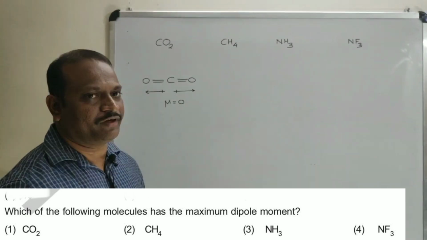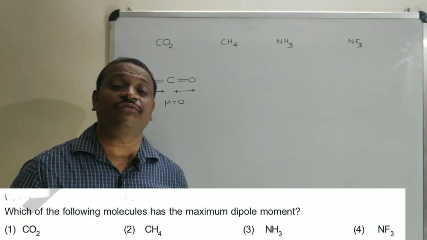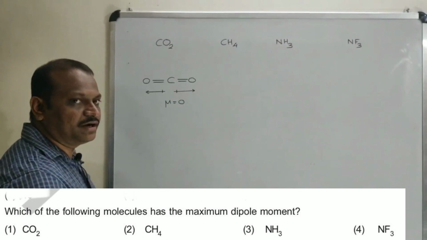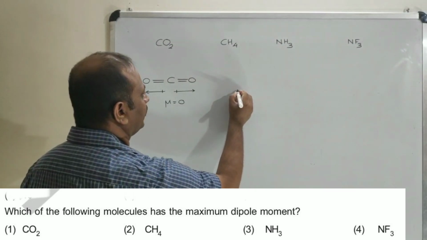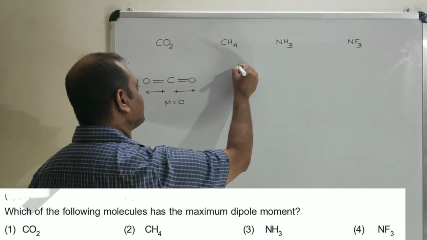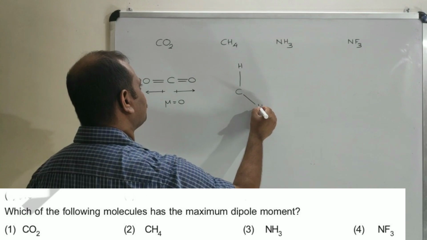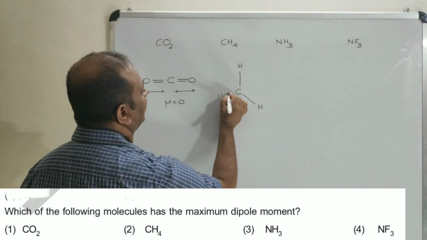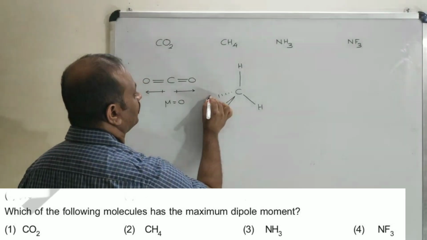And similarly, when we come to CH4, you know CH4 has a tetrahedral shape. Tetrahedral shape means we'll be having the molecule in this manner. C, here we have an H, next hydrogen to this side, next hydrogen in this way.